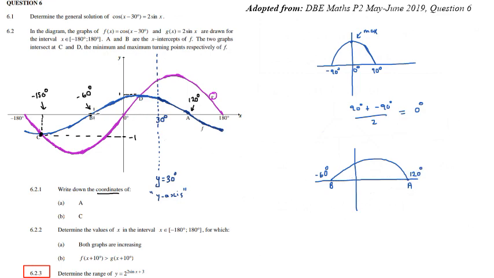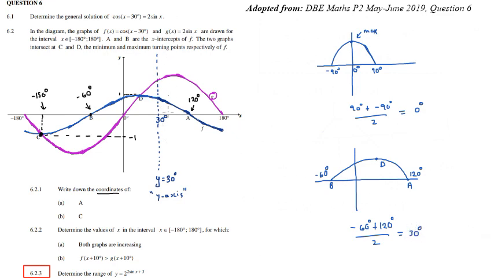If you can see where this is having a maximum, it's actually at this intersection point at D. So that's D. Now, what is the midpoint over here? Minus 60 plus 120 divided by 2 actually equals 30 degrees.